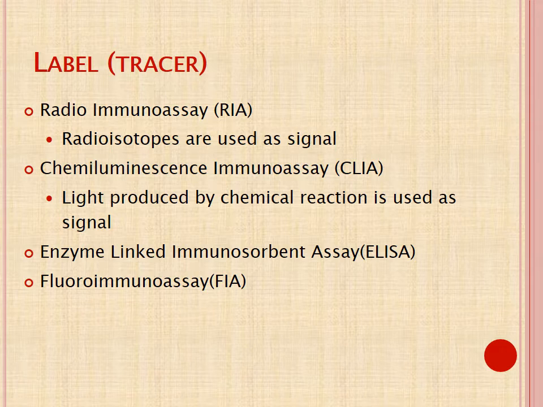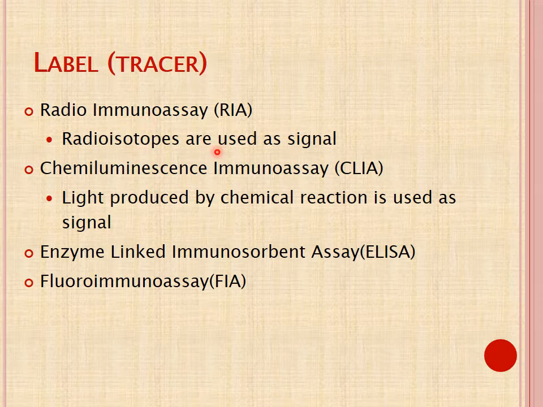Now the advantage of immunoassay is that either antigen or antibody can be labeled, and this label can be enzyme, radioactive compound, chemiluminescent compound, or fluorescent compound. So according to that, these are the types of the immunoassay.